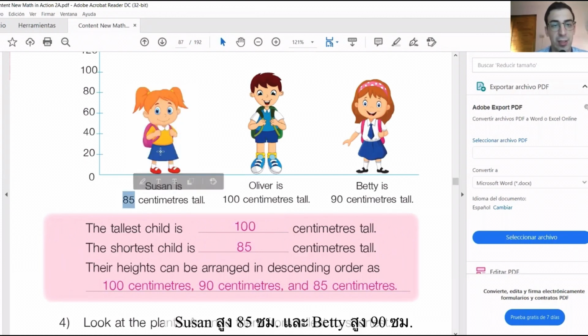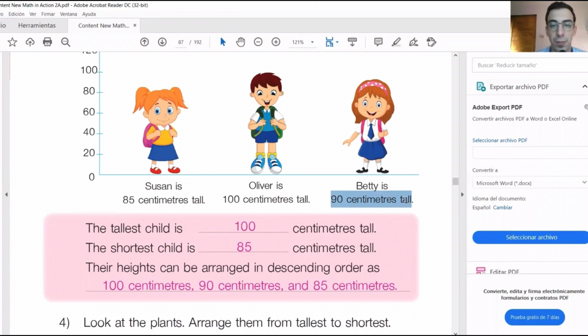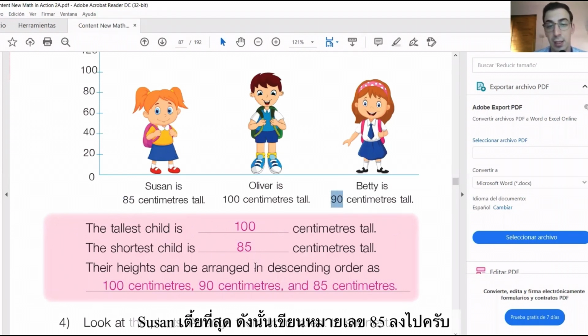Susan is 85 centimeters tall and Betty is 90 centimeters tall. So who is the shortest? 85 is less than 90, or shorter than 90. So we know that Susan is the shortest student. So we write her height down, which is 85 centimeters tall.